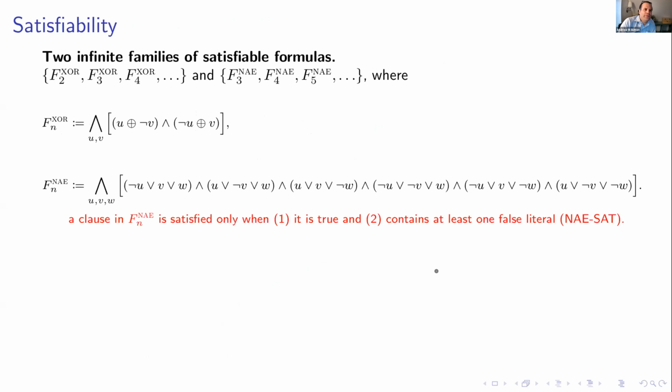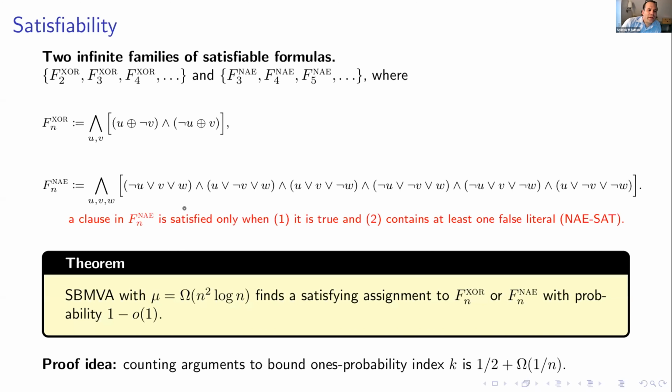So the good news is it doesn't just hold for TwoMax. We also showed that this holds for some satisfiability problems. Particularly, we showed that there are two families of formulas, not traditional satisfiability, but exclusive or formulas, and also not all equal satisfiability formulas, where we essentially can use some arguments to show that this carries over to these problems.